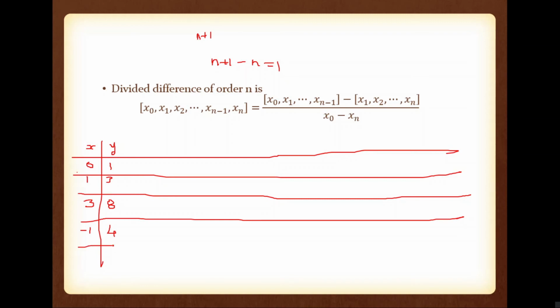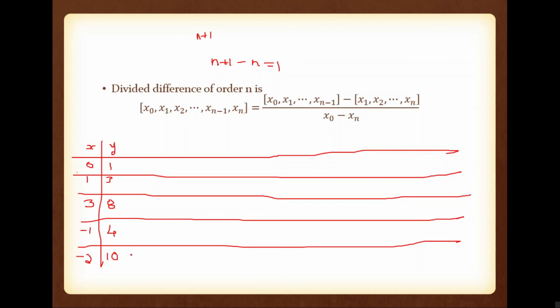The last data is 2 comma 10. So these are the data. You can take, instead of 2, minus 2 comma 10. Okay, so 0 comma 1, 1 comma 3, 3 comma 8, minus 1 comma 4, minus 2 comma 10.